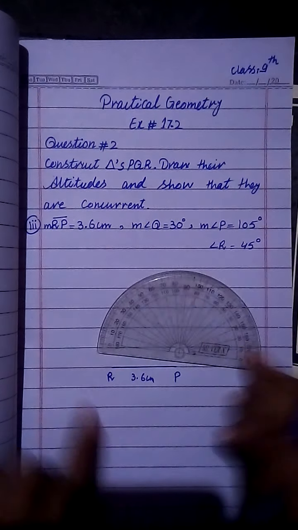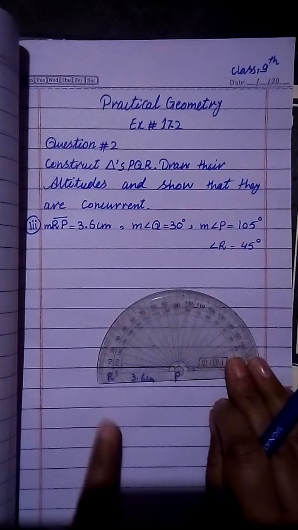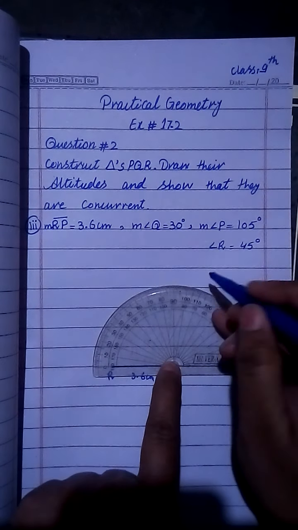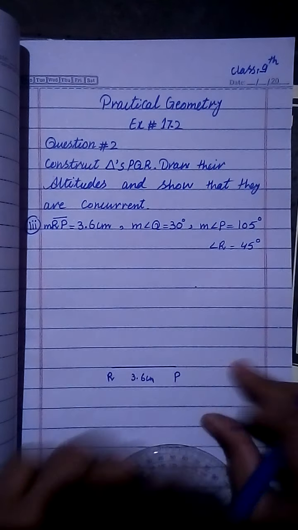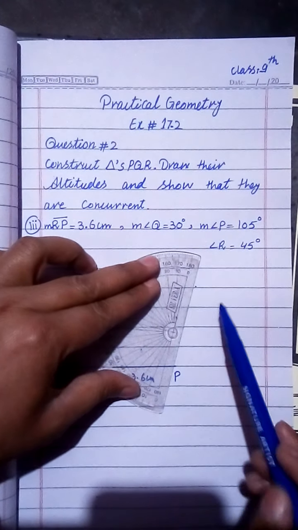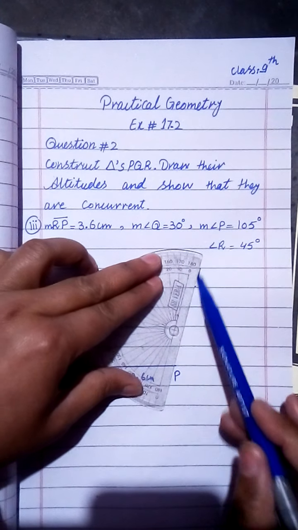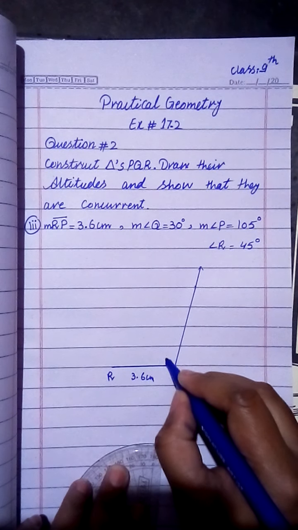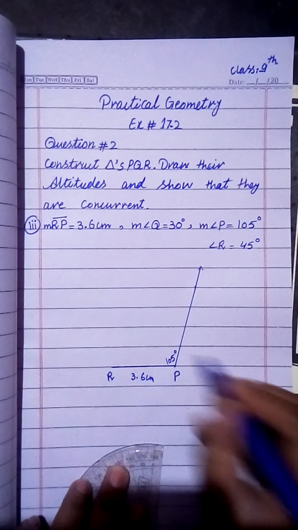Now you have to put the protractor here at point P. Now the 105 degree angle you have to plot here. Now you have to join this with P. That will be the angle of 105 degree. Now you can write here 105 degree.